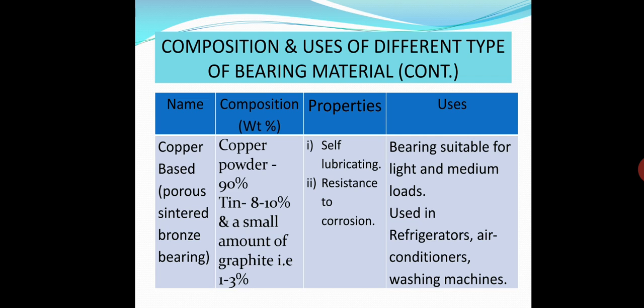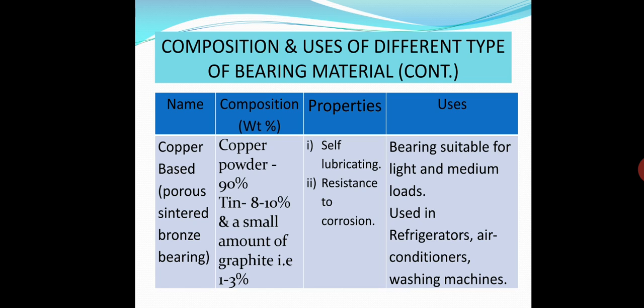The composition is copper powder 90%, tin 8 to 10%, and a small amount of graphite, that is 1 to 3%. As it is known as a sintered bronze bearing, the properties are that it is self-lubricating and resistant to corrosion.